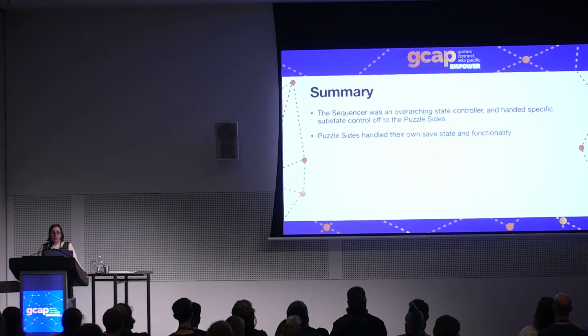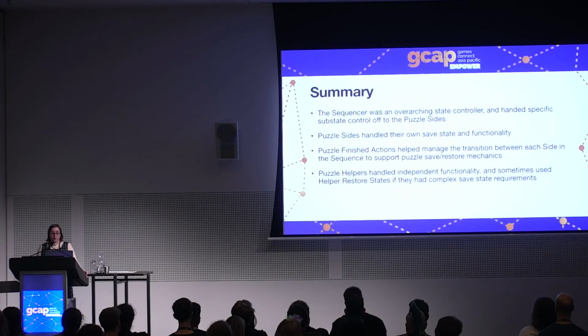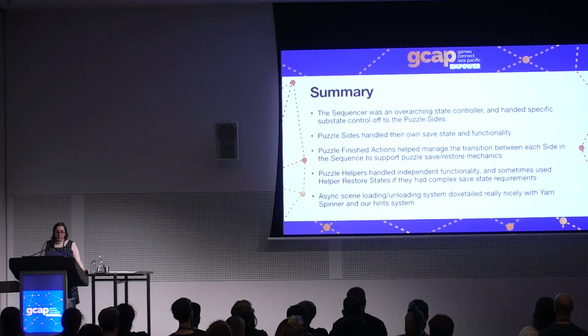Puzzle sides each handled their own save state and functionality, and we used puzzle finished actions to help manage what needed to be put into place so that the next puzzle side in our sequence wasn't in the correct state to be solved. Puzzle helpers handled independent functionality and sometimes used helper restore states if they happened to have complex save state requirements. And we also used an async scene loading and unloading system that dovetailed for us really nicely with Yarn Spinner and our hint system.